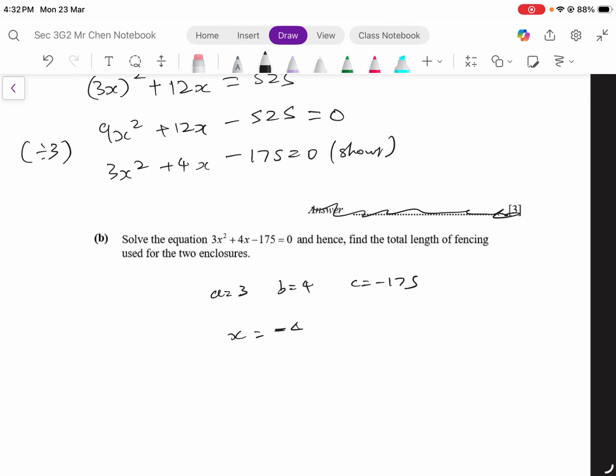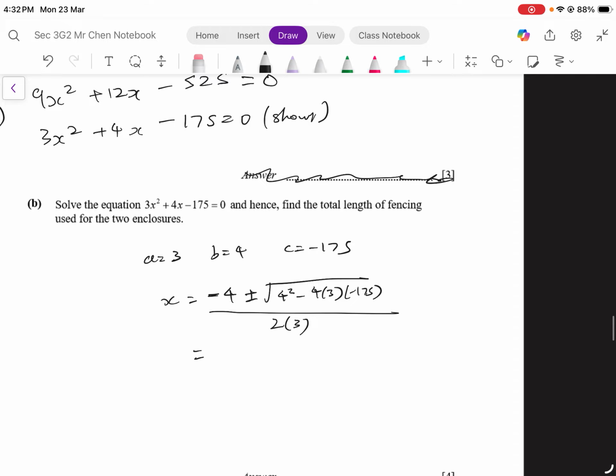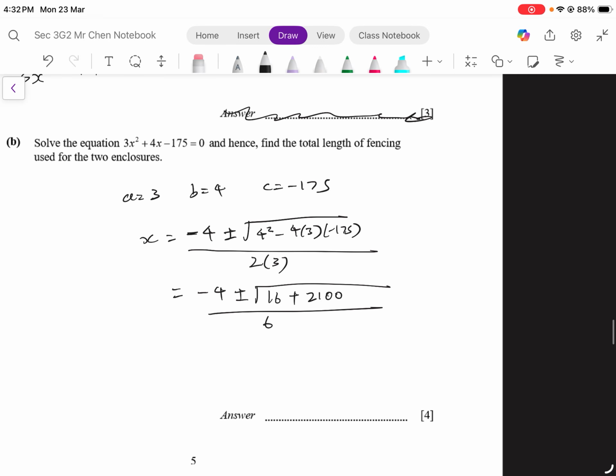Minus 4 plus minus the square root of 4 squared minus 4 times 3 times minus 175, over 2 times 3. Minus 4 plus minus the square root of 16 plus, 4 times 3 times 175 is 2100, so 2116, over 6.